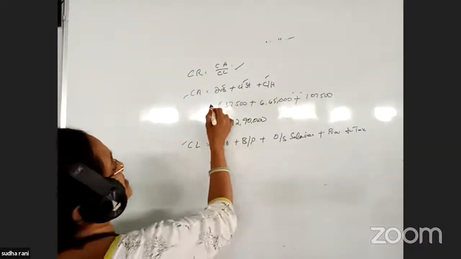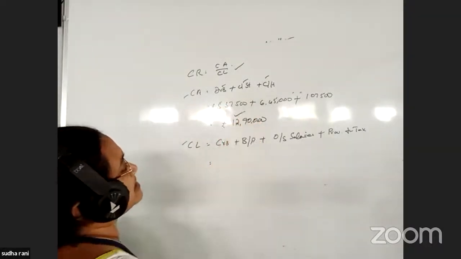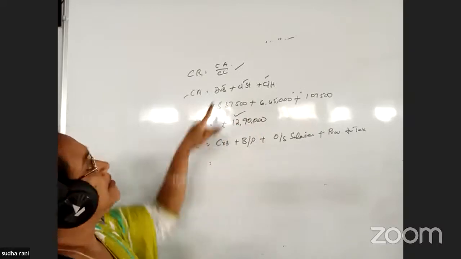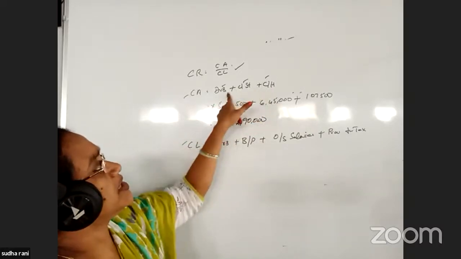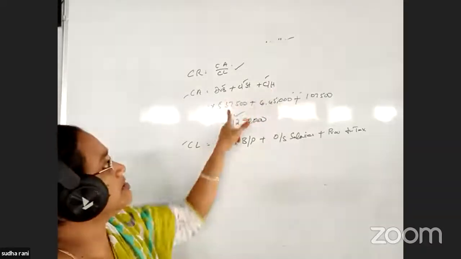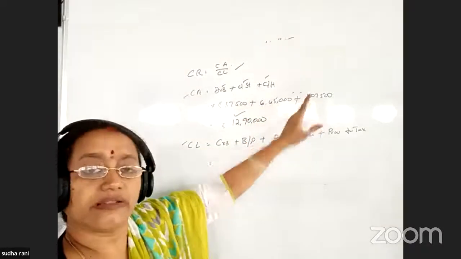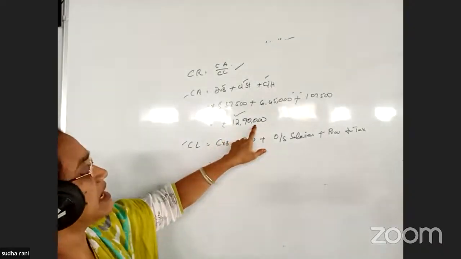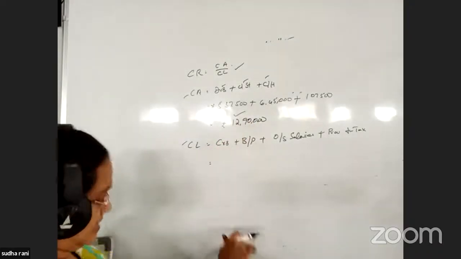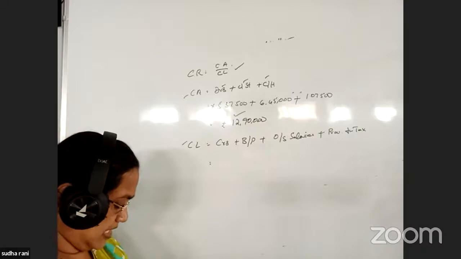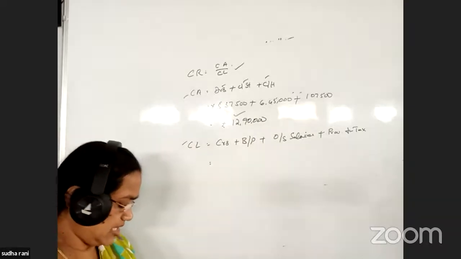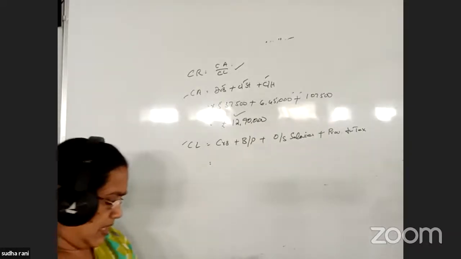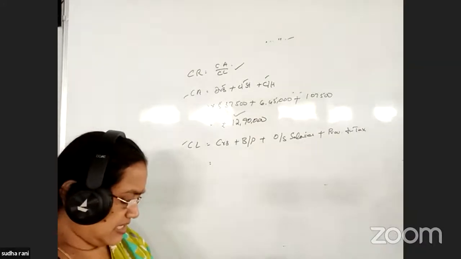If you skip this step, also no problem. If you directly write, it is also okay, because the items that you have taken, you are already writing here. So this step is not necessary in case of a time limit. You can directly write the total figure. Creditors 1,29,000, bills payable 2,50,000, 21,500, 2,79,500.